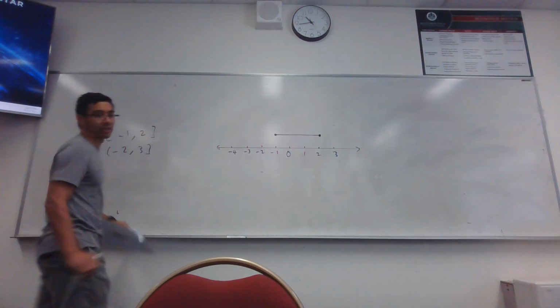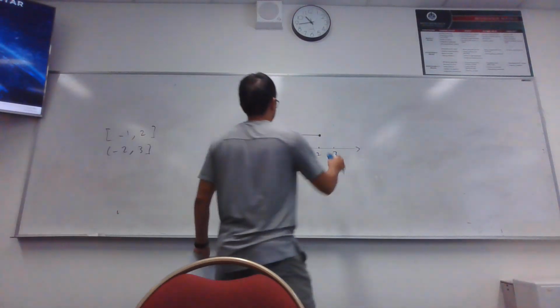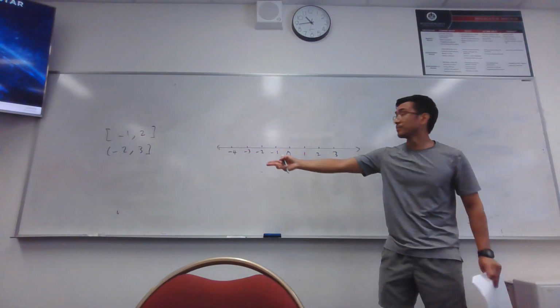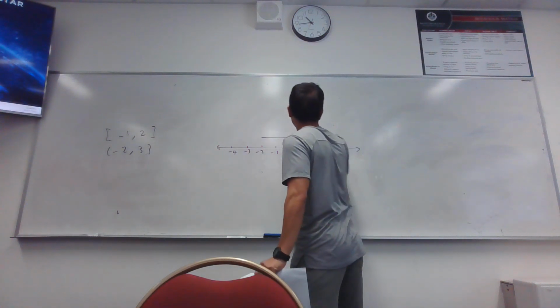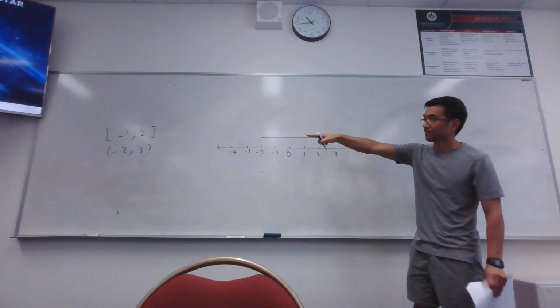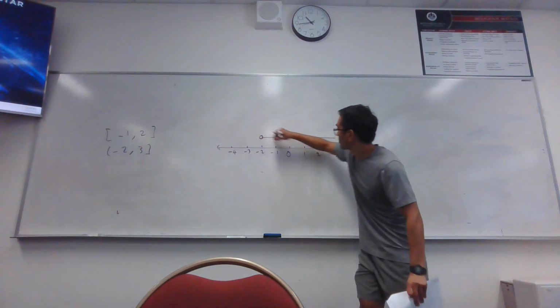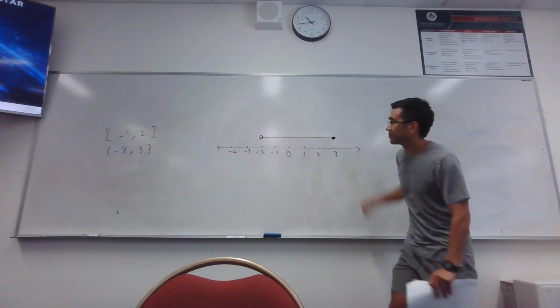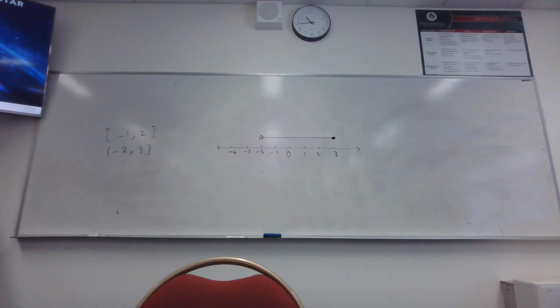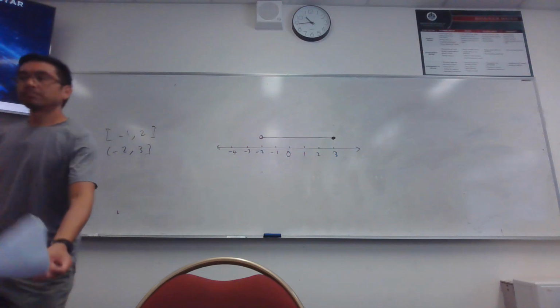Next one: -2 to 3. Same thing, with a solid dot on the right side and an open one on the left. Why is it open on the left?